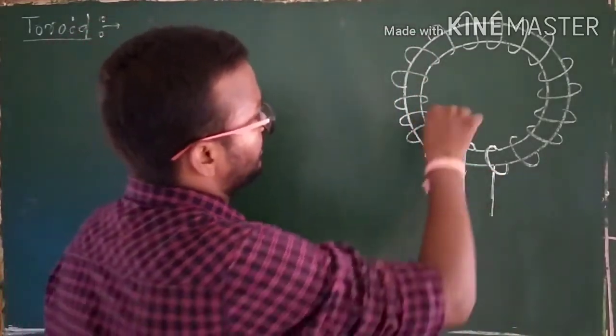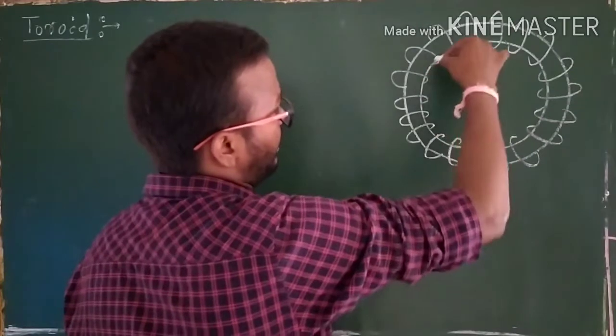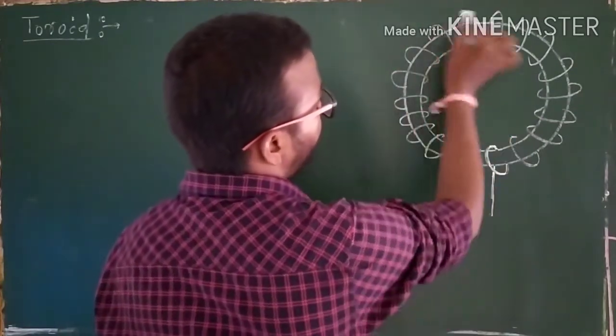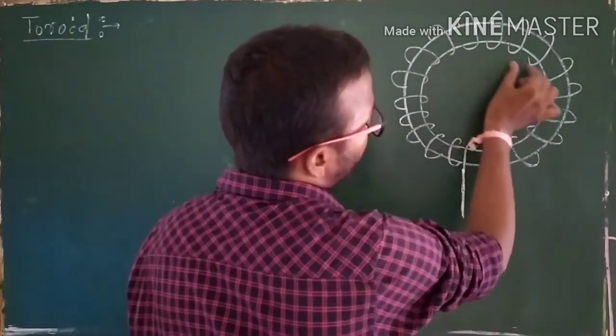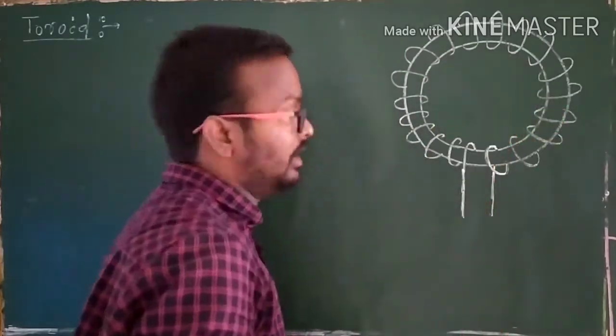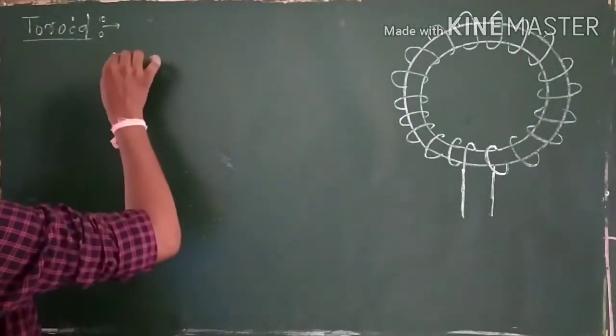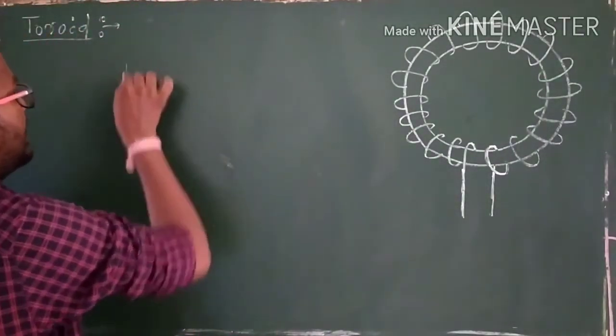That means this is a hollow circular ring, and the coil wound over it is very close together. We know what a solenoid is.